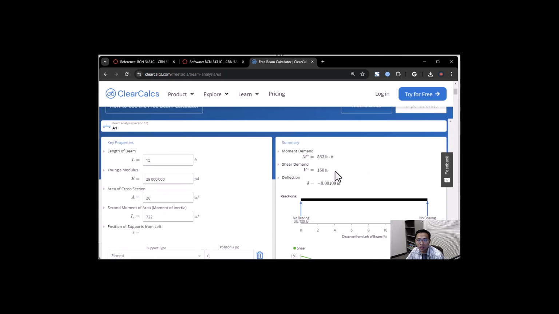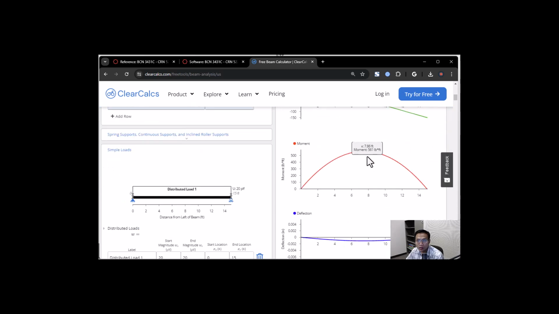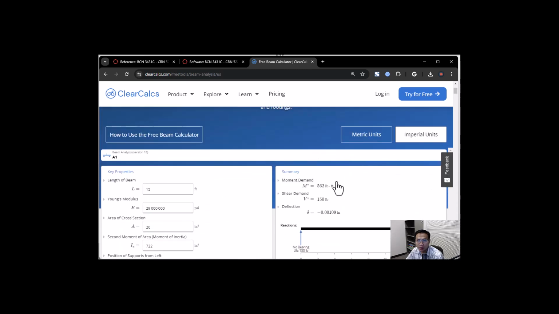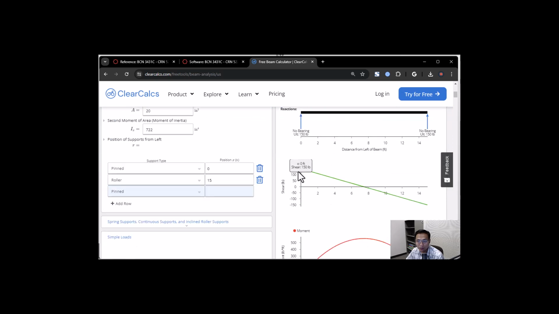So we have here the M max, as they summarize over here, will be 562, and the V max will be 150.